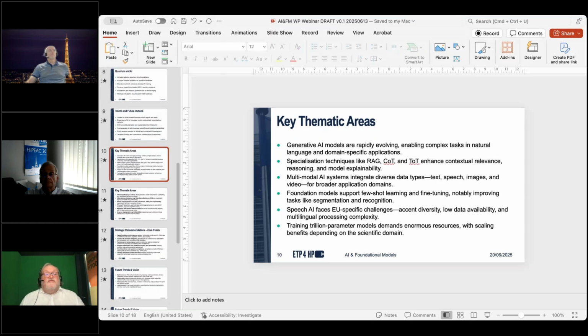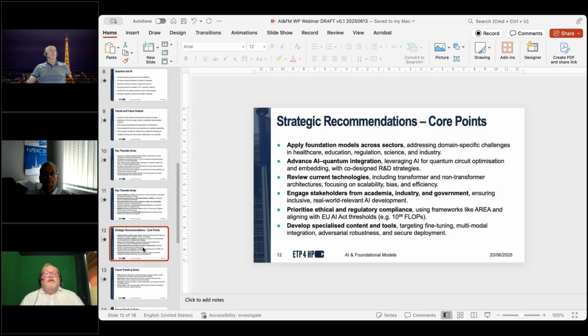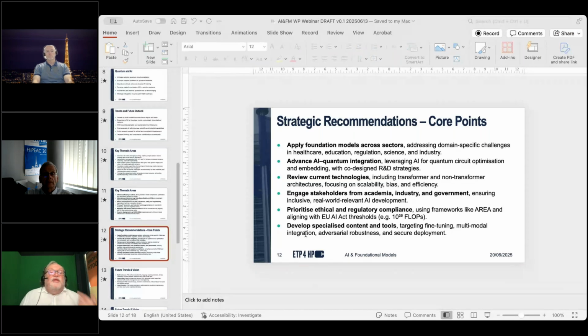Strategic recommendations. Let's reflect on the core points that we've covered. In the white paper, we offer six strategic directions. Invest in domain-specific foundational models, science GPTs, for example. Integrate and implement federated AI platforms sponsored by EuroHPC.